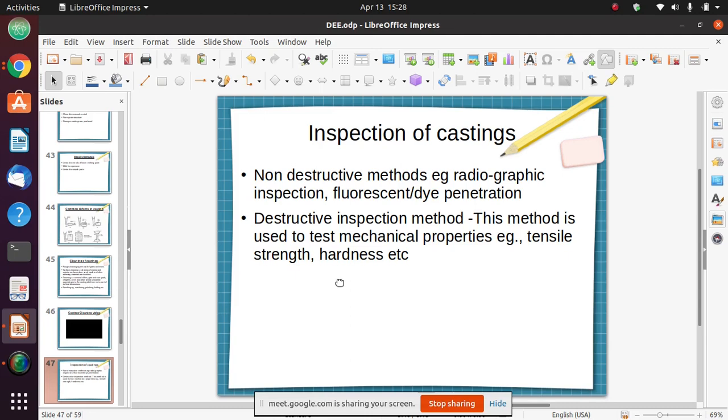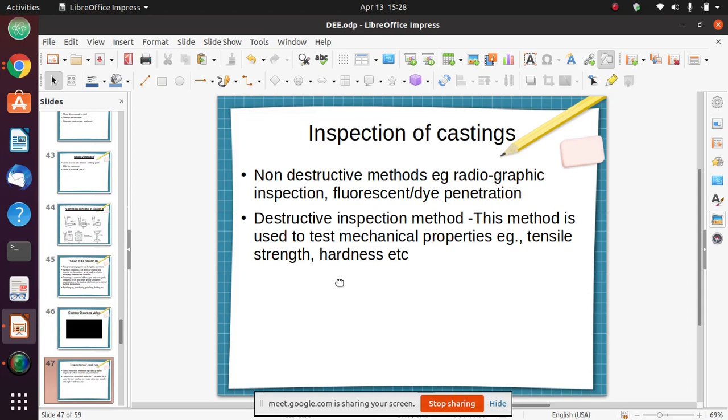Now, destructive inspection methods are used when you want to test the strength. You will literally break those castings to see at what point and at what force that casting will break. This sana we use it when you are making castings for equipment that will undergo large forces.